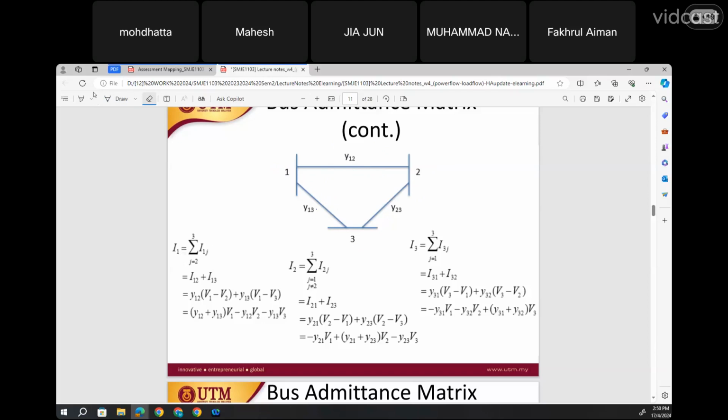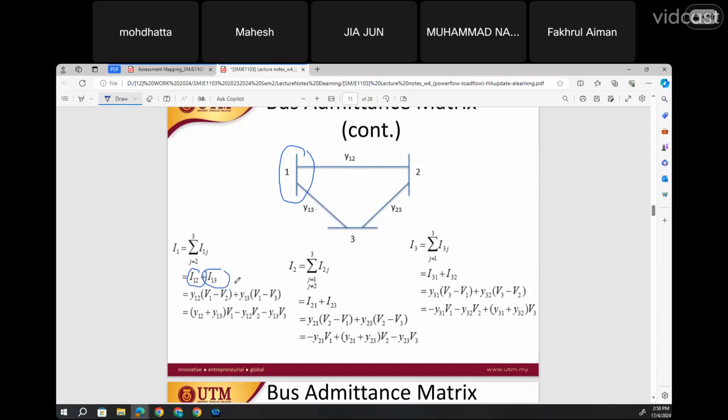Okay, I1 over here means that we are considering this bus bar connection. At this bus bar connection, you can see that we have connections from 1 to 3 and 1 to 2. So that's why I1 comes from I12 plus I13.